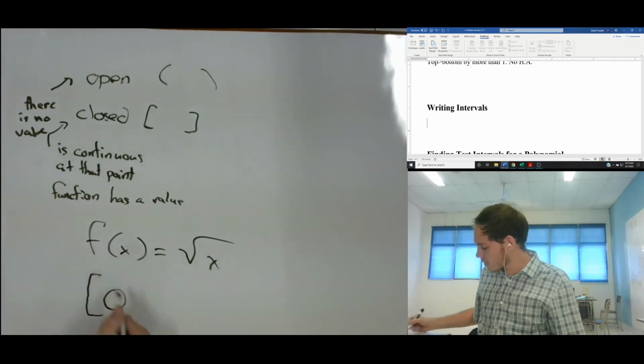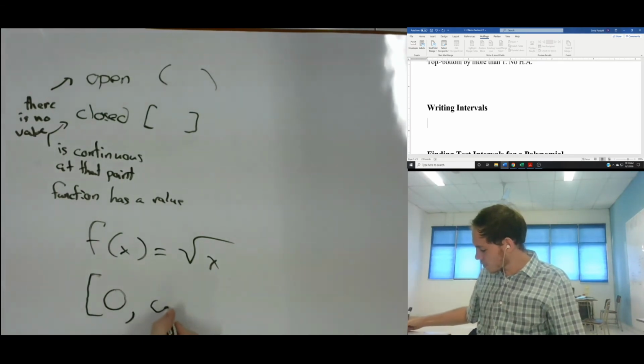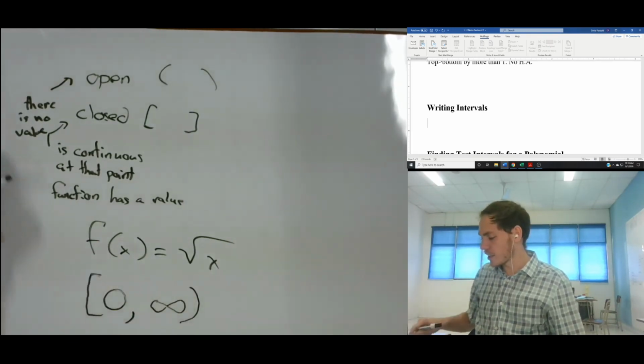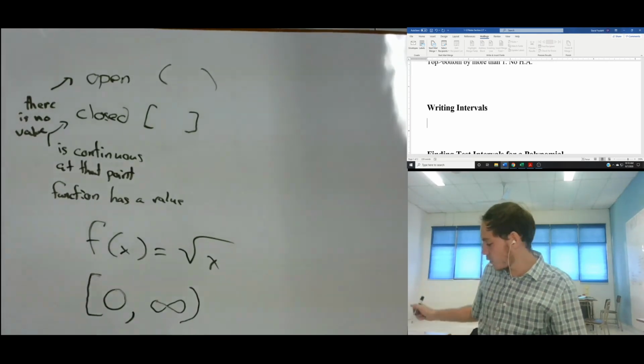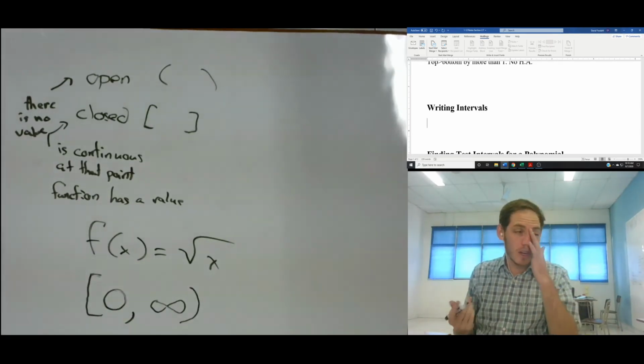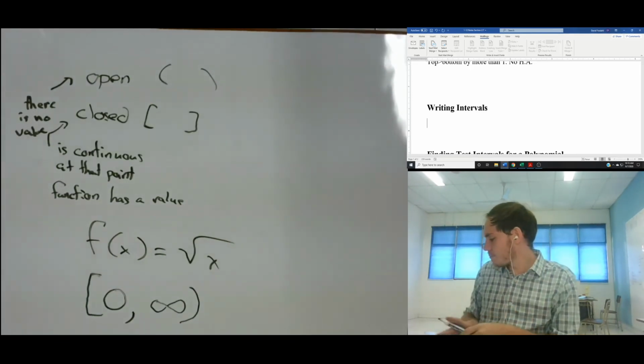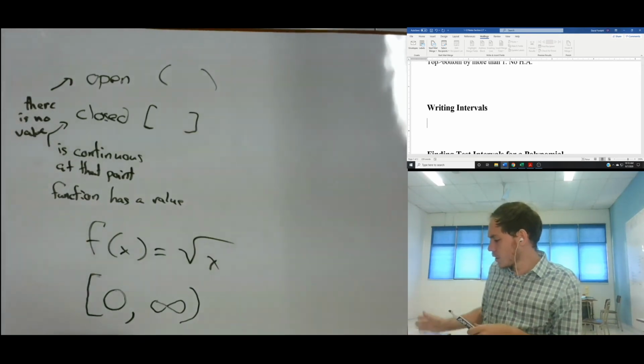So this would be a closed bracket. Can x approach something? Yes, it can approach infinity. It has no upper bound. Again, this would be open because we never reach infinity. There's no value for x. If you plug in infinity, we don't know what the answer is. So that's closed and open.